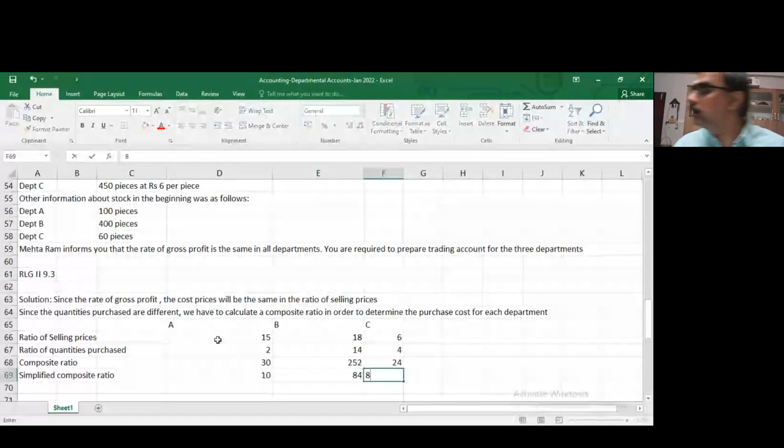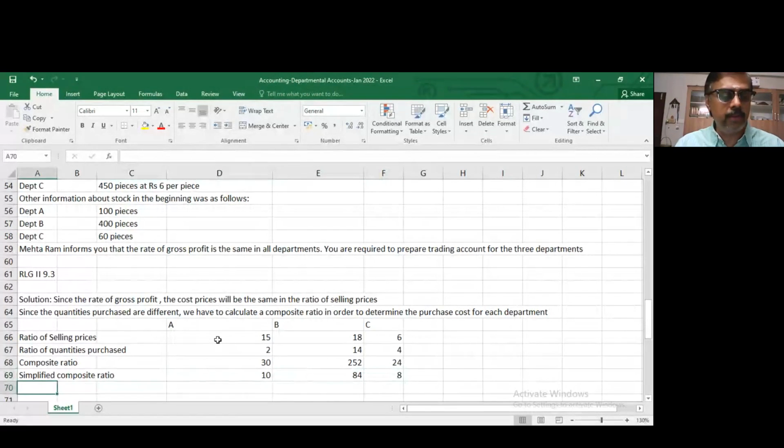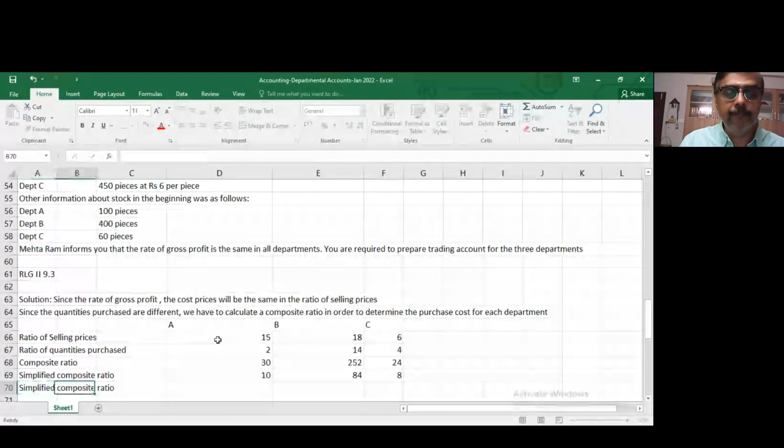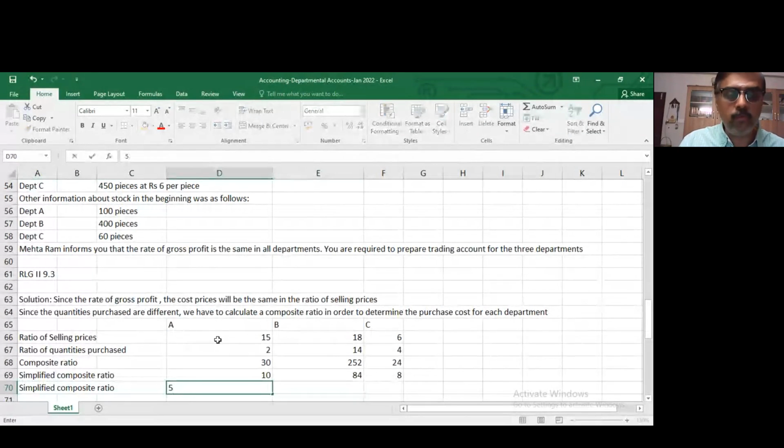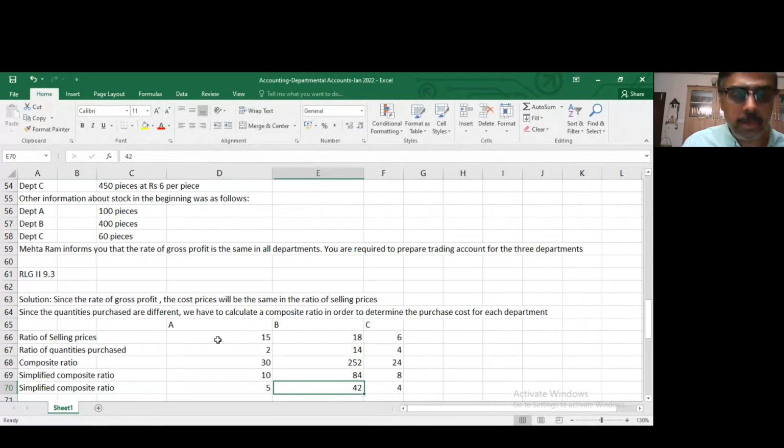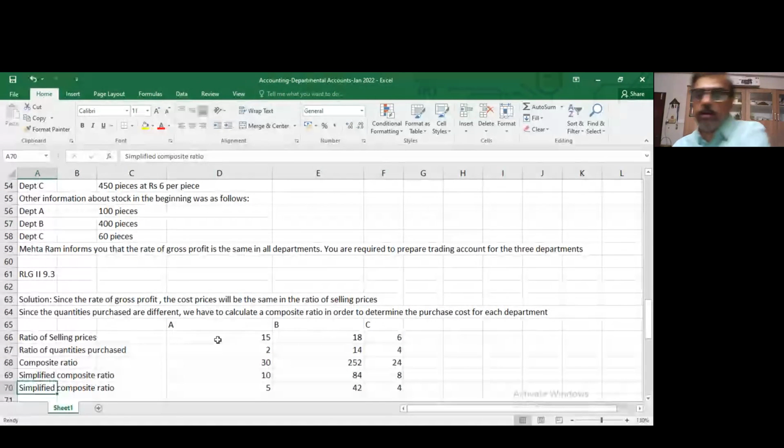I think this can be further divided by 2. So if you further divide by 2, 5, 42, 4. Ideally, bring it to the lowest factor so that it becomes easier. So the simplified composite ratio of purchases is 5, 42, 4.